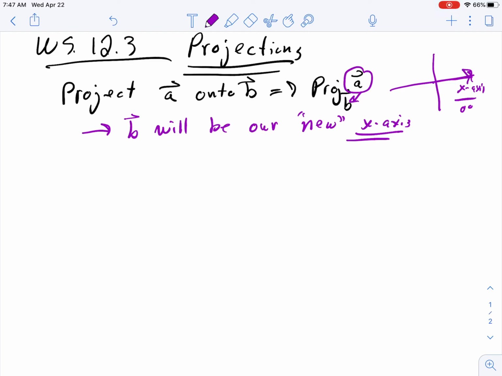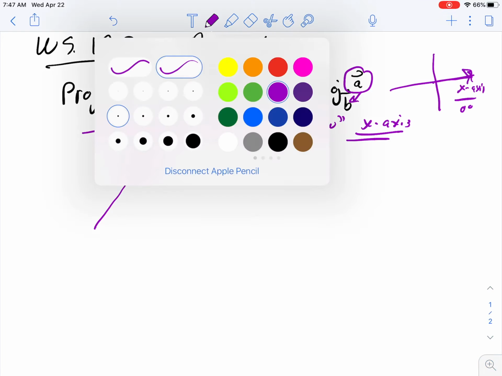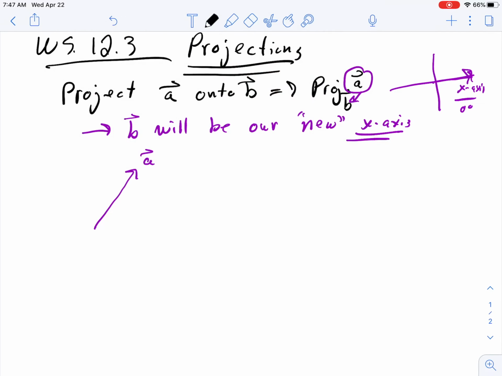But what happens if we're in inner space or outer space, and we have a vector going someplace, let's say A, but we have nothing to compare to. So what we do is we pick a vector and say, well, we're going to just randomly pick something, let's say B, and B is now our new positive x-axis.